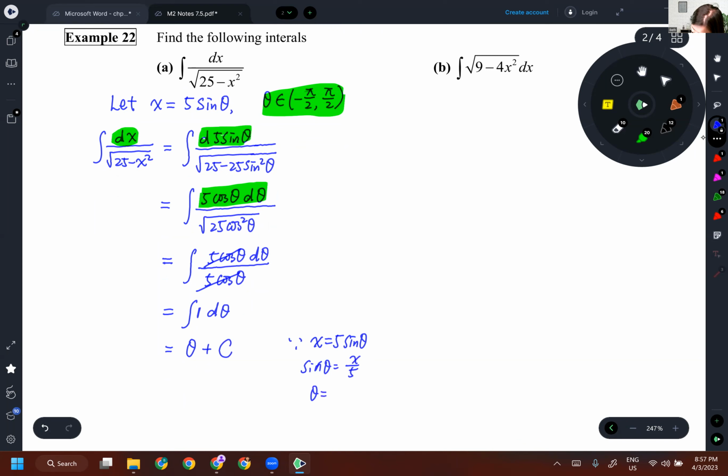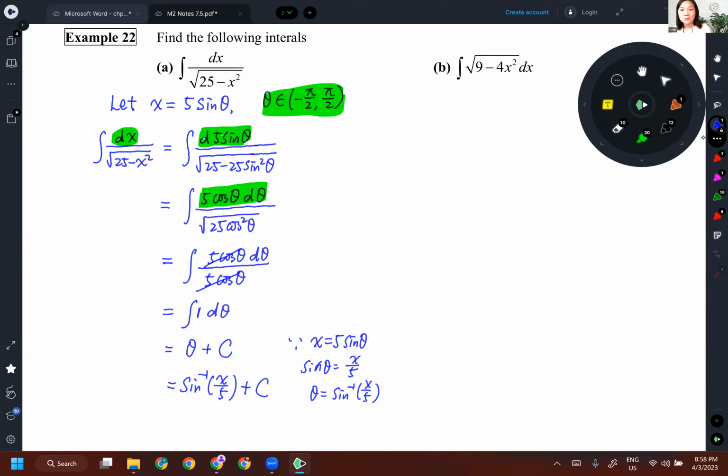Therefore, theta is the inverse of the sine value x over 5. You also read it as arc sine x over 5. And then this question is completed.